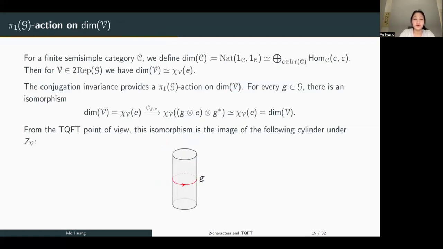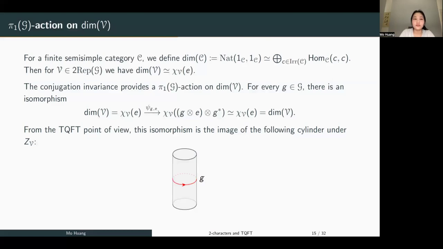Moreover, we can also see a pi_1 G action on the dimension of V from the TQFT point of view. For a finite semisimple category C, we define its dimension as the space of natural transformations from the identity functor to itself.